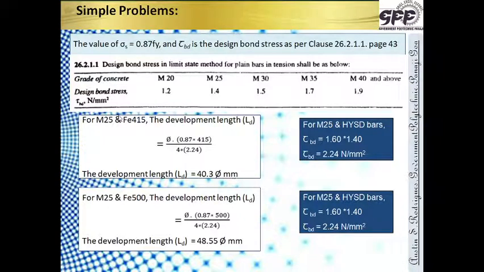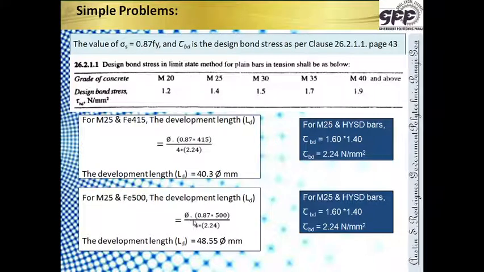Now at the same time, instead of Fe415, if we are having Fe500, then for Fe500 also, since the concrete is M25, the bond stress remains 1.4. Since it is Fe500, it is not a plain and smooth bar. So it is a HYSD bar, and the same calculations get repeated. So enhancement by 60%, tau bd becomes 1.6 into 1.4 comes to 2.24 Newton per mm square.